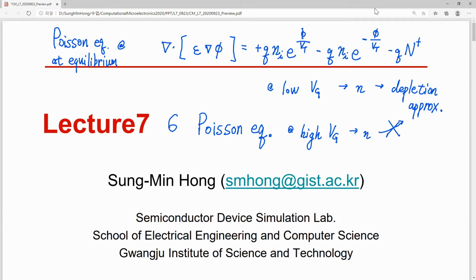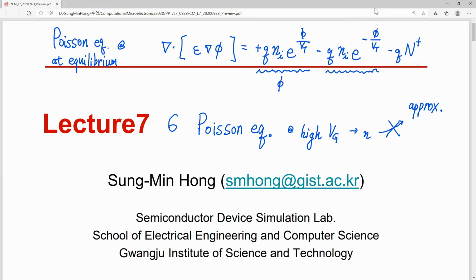Unfortunately, on the right-hand side we have terms which are explicitly dependent on the electrostatic potential. For example, this term is really dependent on the electrostatic potential.